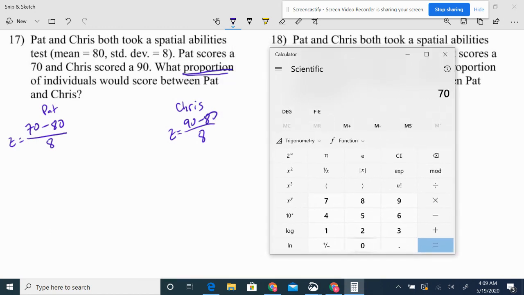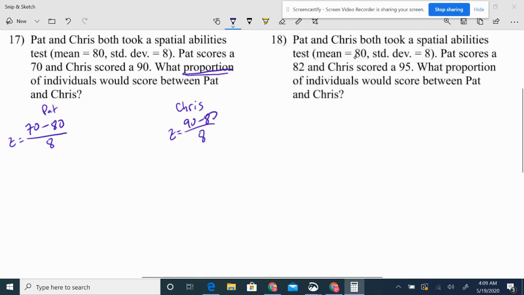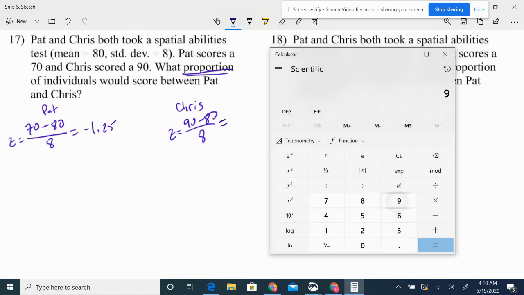All right, 70 minus 80 is a negative 10 divided by 8. So for Pat, I have a negative 1.25. For Chris, 90 minus 80 divided by 8, I have a positive 1.25.